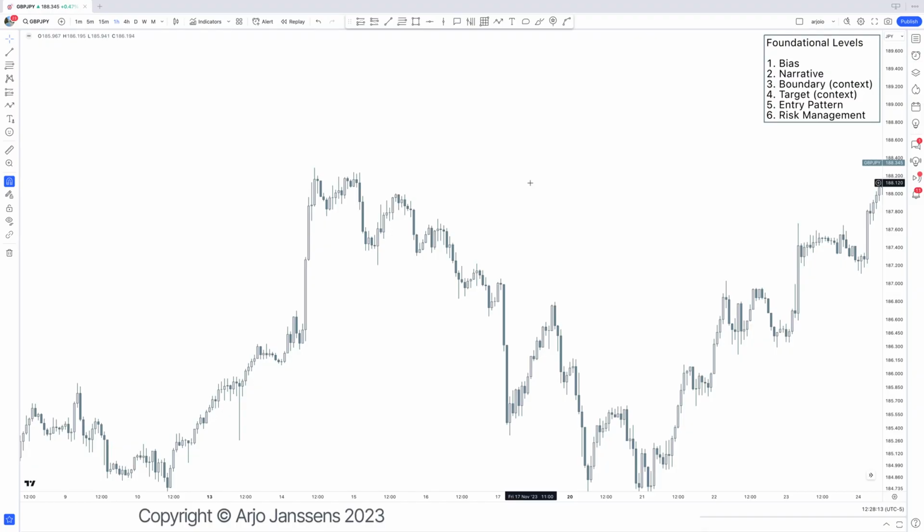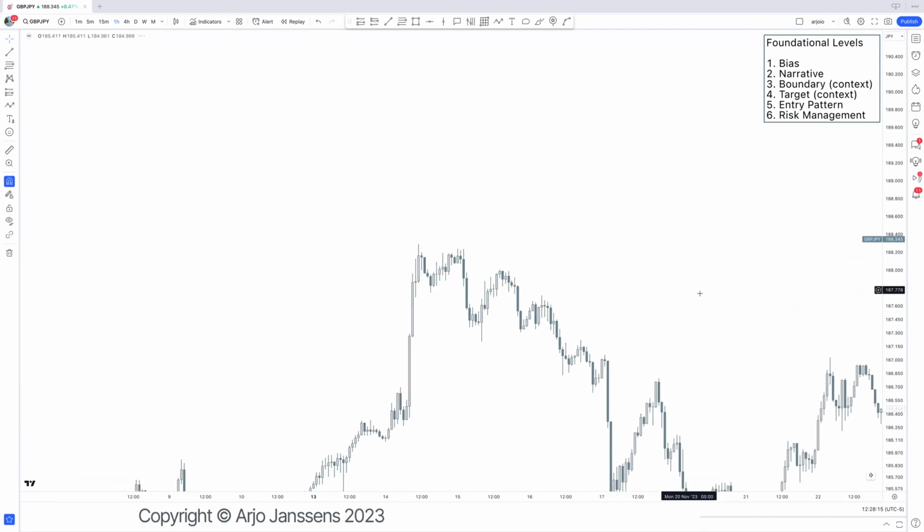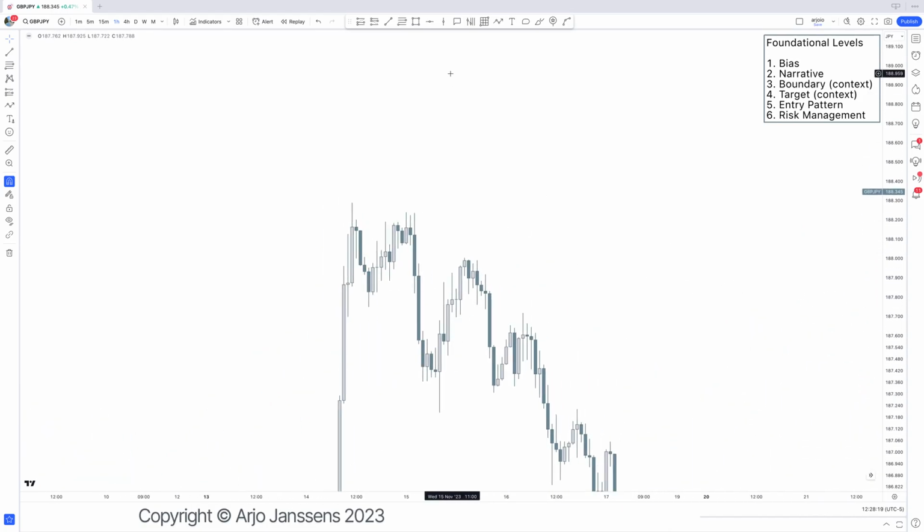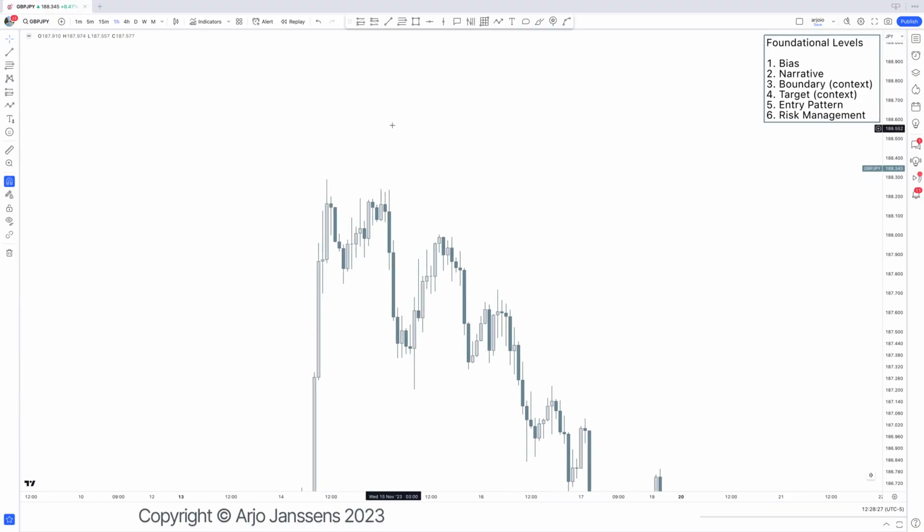Well, the theory is almost a fact that we have right here. So right here, if we follow this leg lower, and when I'm referring to a leg, I'm always referring to the most recent leg. So the most recent leg is the most recent swing high with a fair value gap in the leg right there to the swing low.